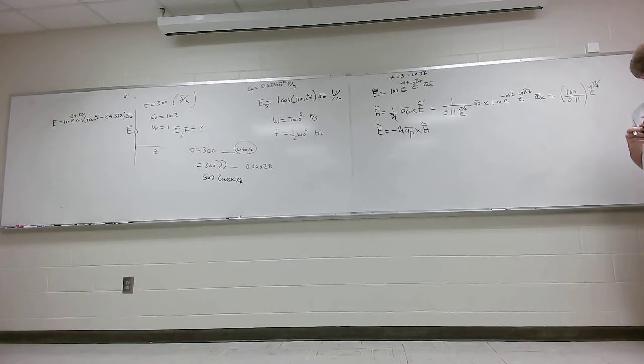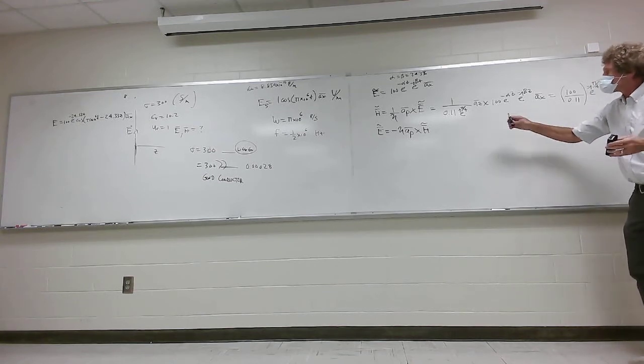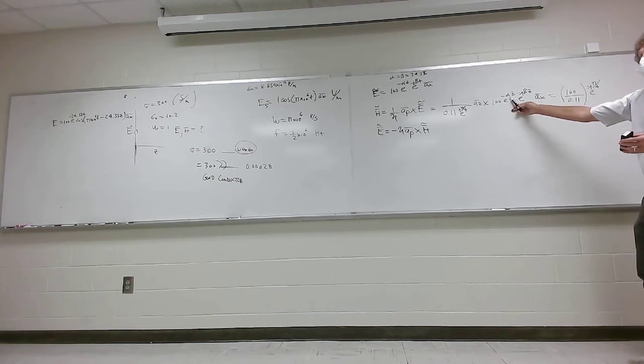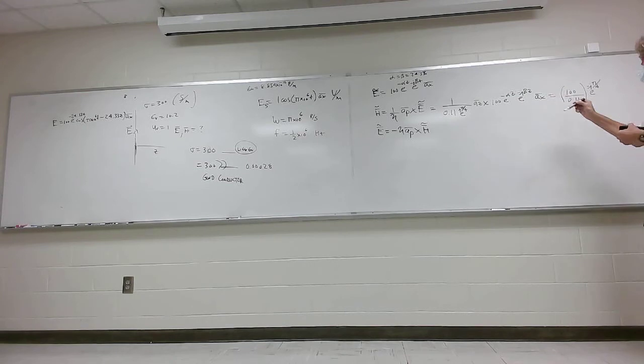Y'all with me? How many see this right here? Real important. Do you see it back there or not? If you don't, let me know. I want to make sure I can get to you because this tricks people all the time. It's the little things that hurt people. Now, after that, I've taken care of the 100, this, and this. Next thing I'm going to do is just pull this out. This is a strict real number, e to the minus alpha z, right? And alpha's up there.